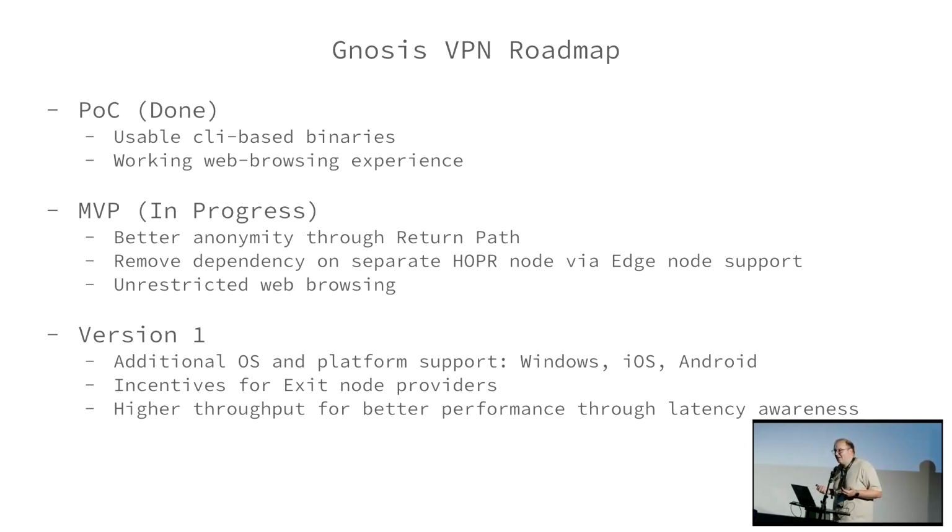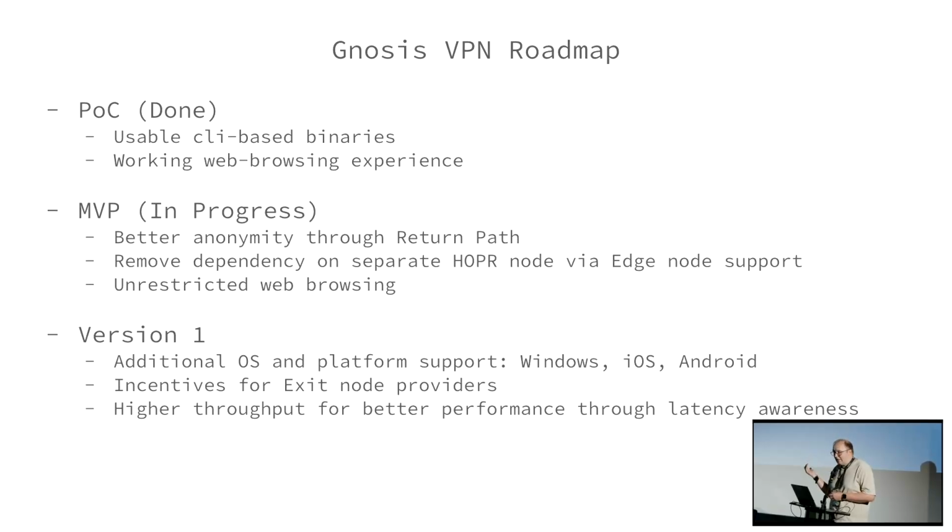We cannot ask half of the world to run HOPR nodes. So what we instead need to do is we have a plan to integrate HOPR nodes right into the application. We call this the Edge node protocol. So what that means is you have a library, which is, let's say, the HOPR node library or the Edge node, and you put this into the application.